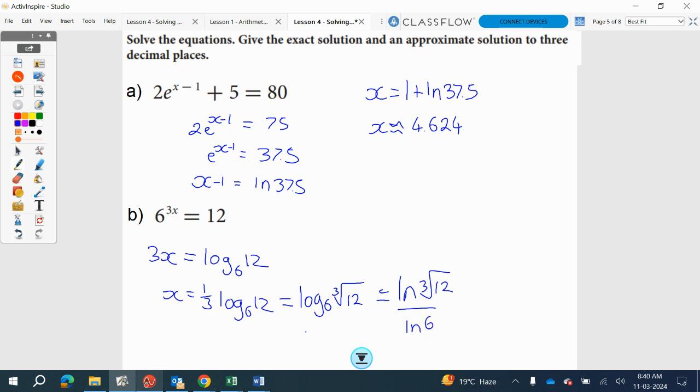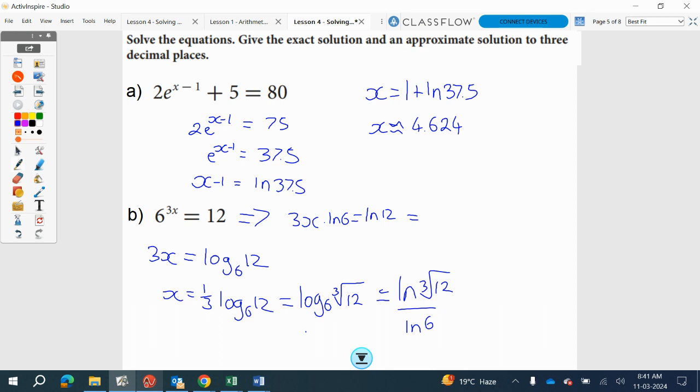This is the expression that you would have got had we just taken natural logarithms of both sides at this point. We would get 3x times ln 6 is equal to ln 12.